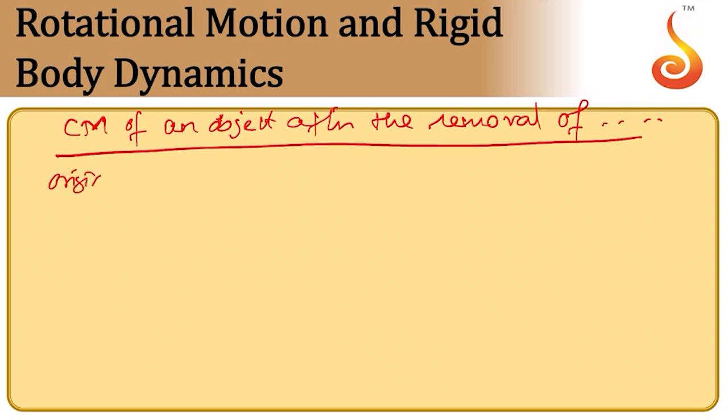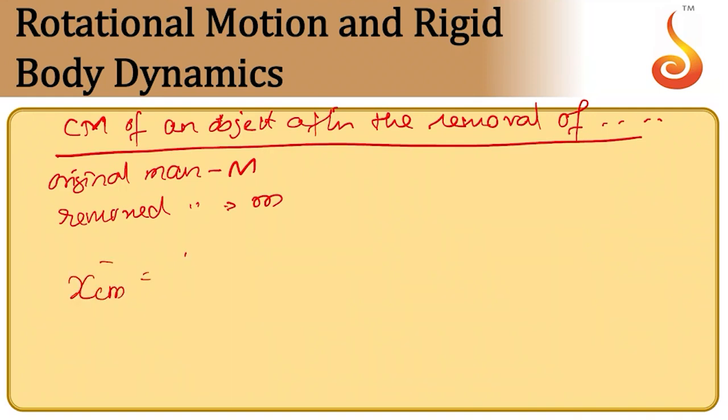Suppose the original mass is M and the mass removed is small m, say, then the formula changes to xcm is equal to Mx minus mx dash divided by M minus m.